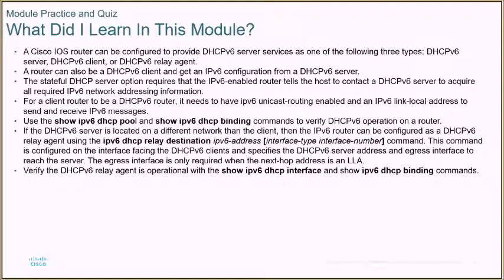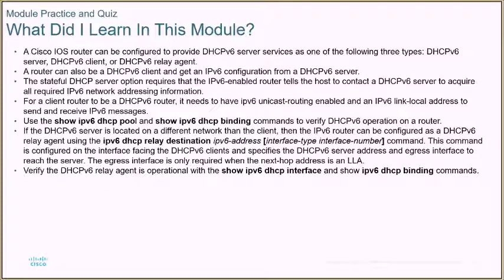So a Cisco IOS router can be configured to provide DHCPv6 services as one of the following three types: as a DHCP server, as a DHCP client, and as a relay agent. A router can also be a DHCPv6 client and get an IPv6 configuration from a DHCP server. The stateful DHCP server option requires that the IPv6 enabled router tells the host to contact the DHCP server to acquire all required information.